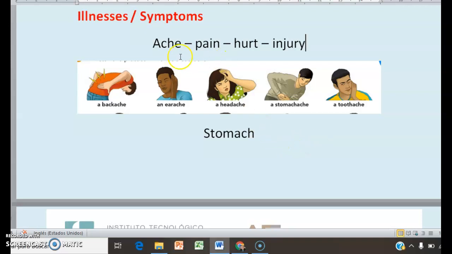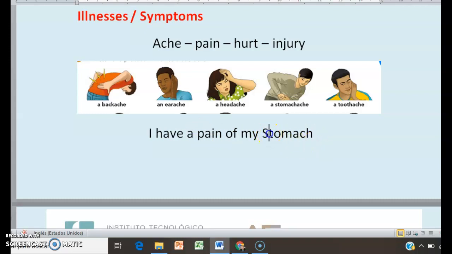Okay, for example, we are going to take into account this ache, okay, que significa dolor y que podemos combinarla con cualquiera de las palabras. For example, stomach ache. Miren qué facilito. Stomach ache. O podemos también decir I have a pain of my stomach. Stomach, okay? Stomach.